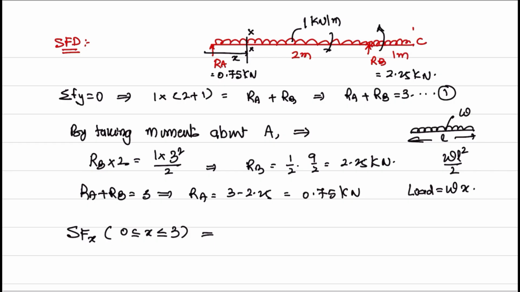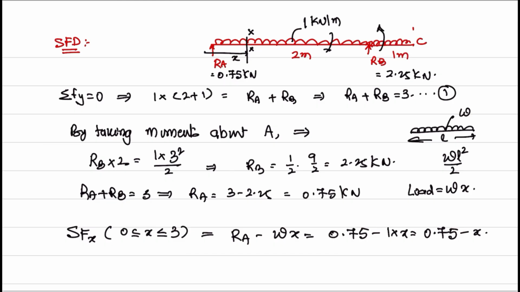Shear force at a point X is nothing but RA minus W into X. RA is 0.75, and W is 1, so 0.75 minus X. This is the shear force at distance X.